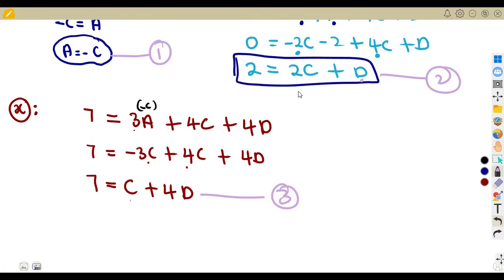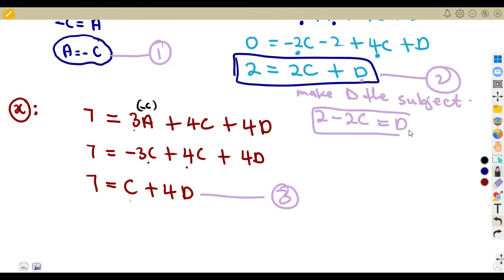So from equation 2, I want to make d the subject here. Make d the subject, or transpose, whatever you want to call it. So this will be 2 minus 2c is equal to d. So d can be written as 2 minus 2c. So in place of d here, we can substitute that.